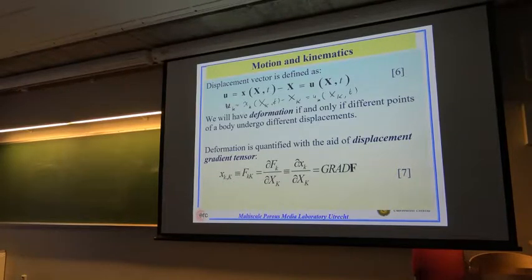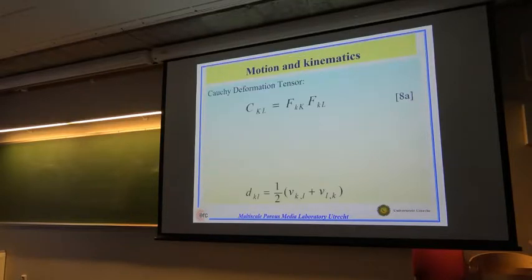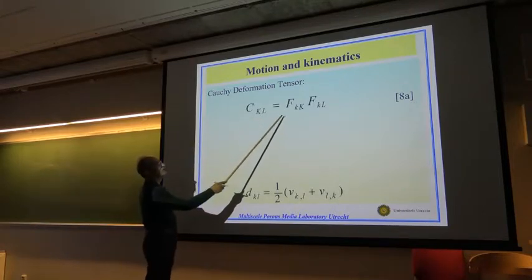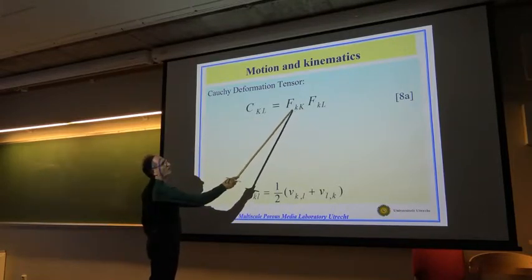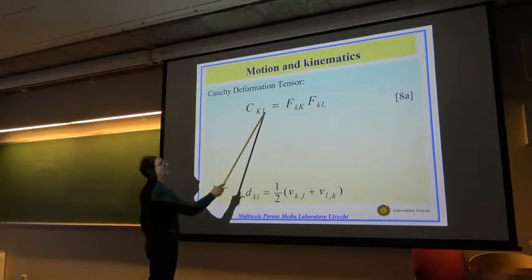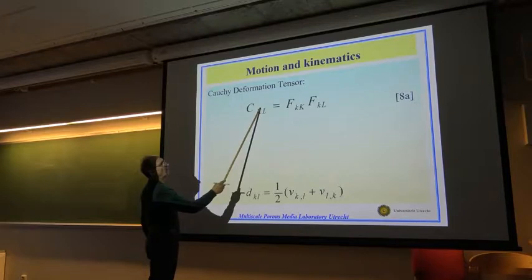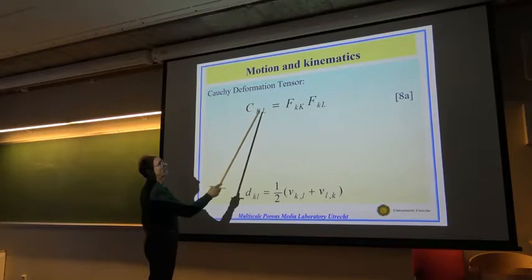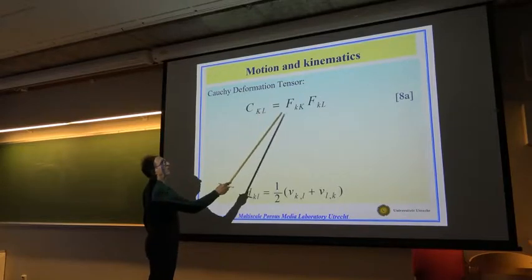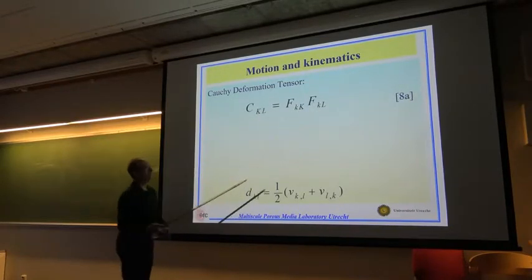But we usually work with other measures of deformation. One of them is this Cauchy deformation tensor, which is the product of these displacement gradients. And now this is written only in the material coordinates. You can also define another deformation tensor only defined in the spatial coordinates.